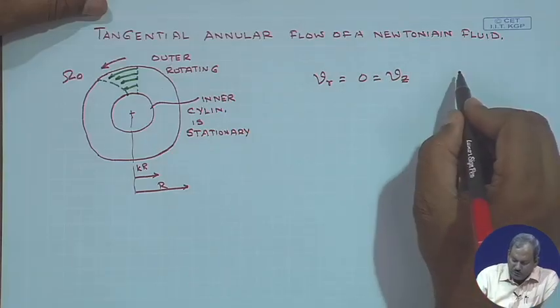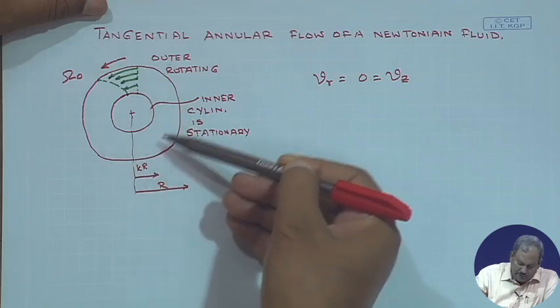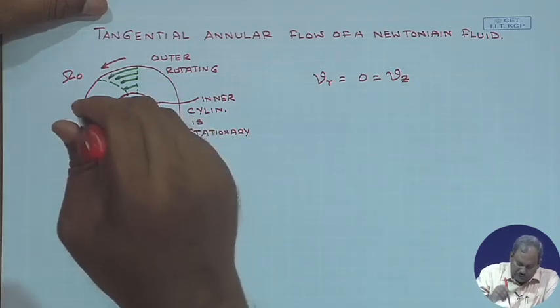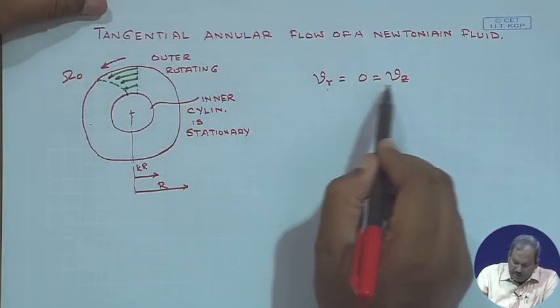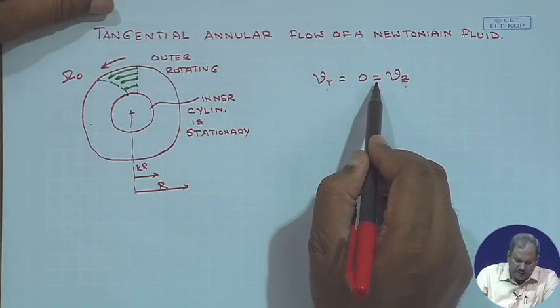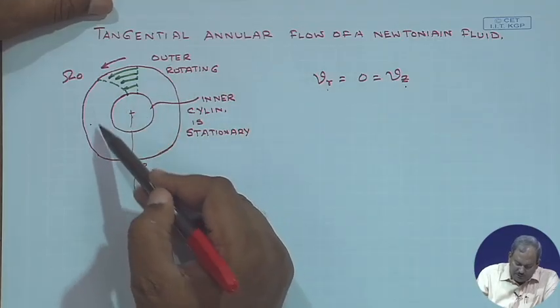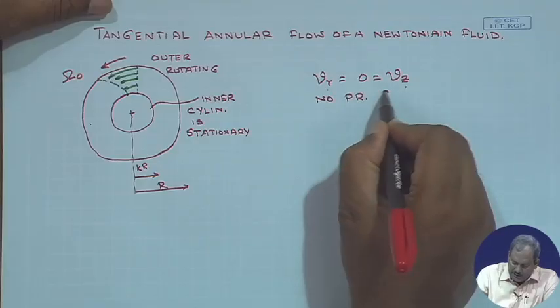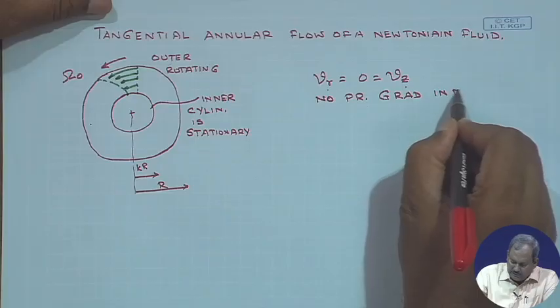So, it is 1D flow, that means liquid is only rotating, there is no velocity in the r direction and there is no velocity in the z direction. So, both in r and z direction the velocity would be 0. And since I do not have a pressure gradient, I also assume that there is no pressure gradient in the theta direction.